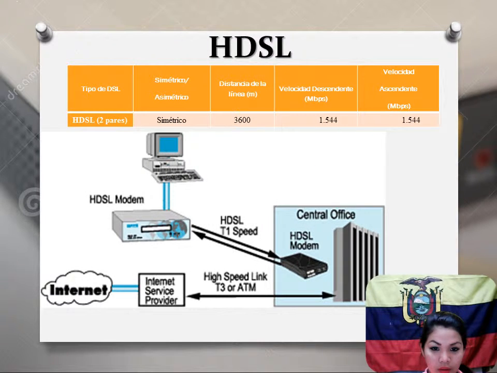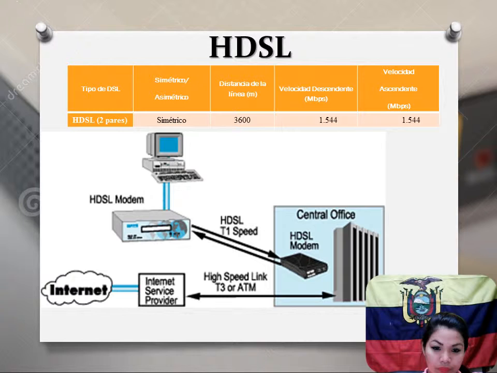xDSL, high bit rate digital subscriber line, is one of the first variants of DSL. The main feature of xDSL is that it's symmetrical. For example, an equal amount of bandwidth is available in both upstream and downstream directions. xDSL can carry both voice and data over the same communication link.